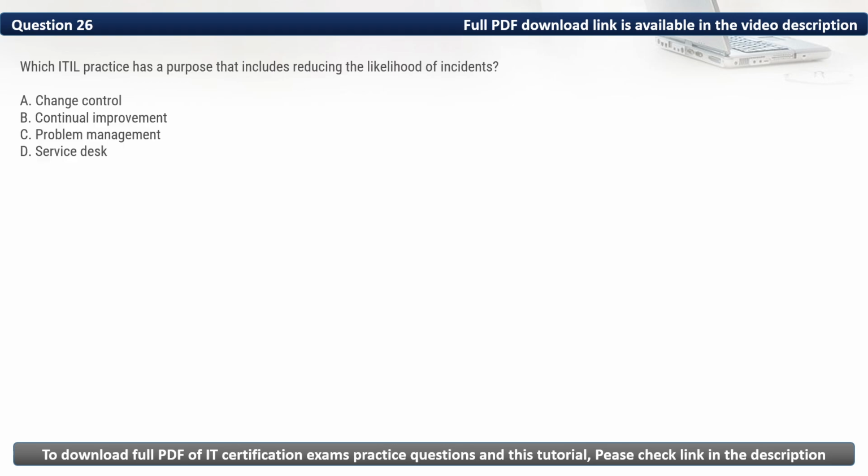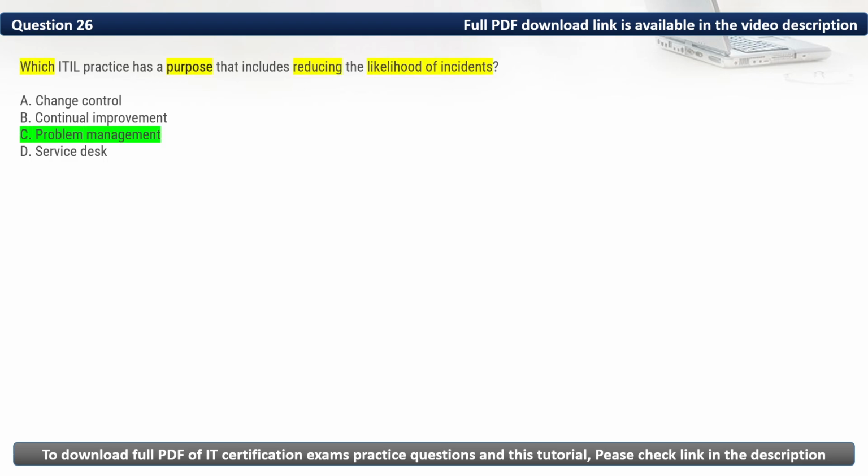Question 26. Which ITIL practice has a purpose that includes reducing the likelihood of incidents? Problem management is the ITIL practice that has a purpose that includes reducing the likelihood of incidents.